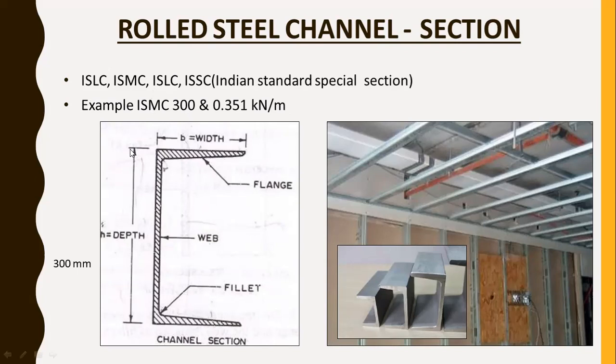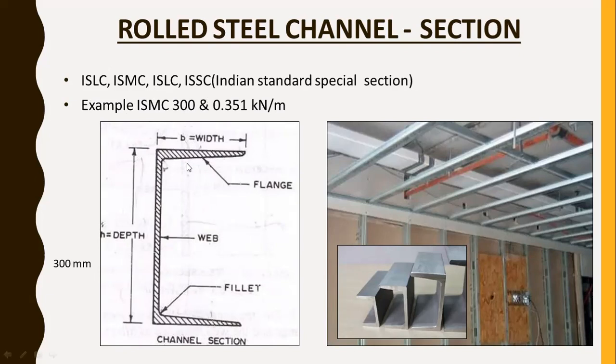We know that the depth is measured from the top portion to the bottom portion, right? So its depth is 300 mm, right? And other properties like its weight and thickness are all provided in your steel table. You can easily see that. And here 0.351 is the weight, right?